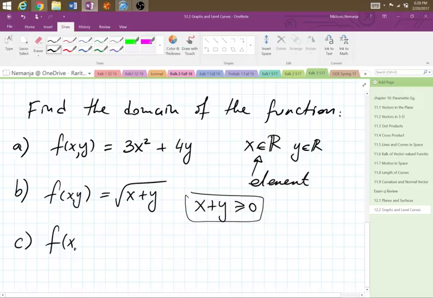Okay, f of x, y equals to... What now? But where is x equals 0?